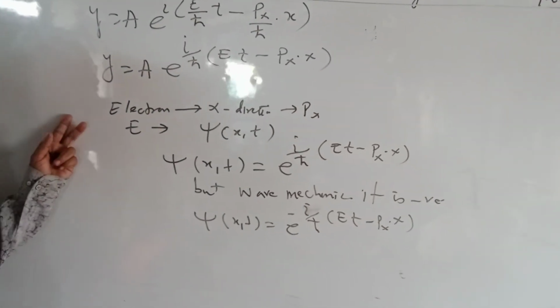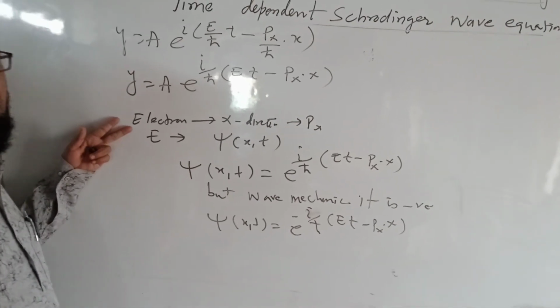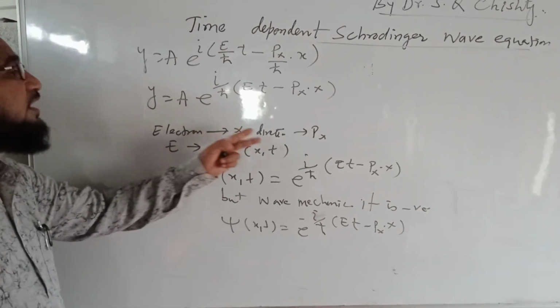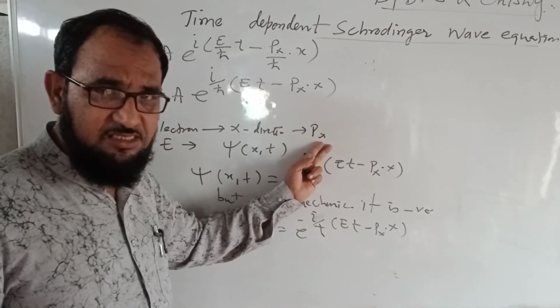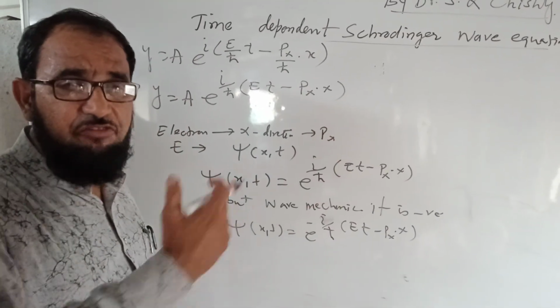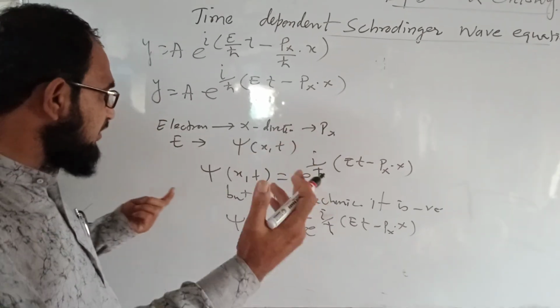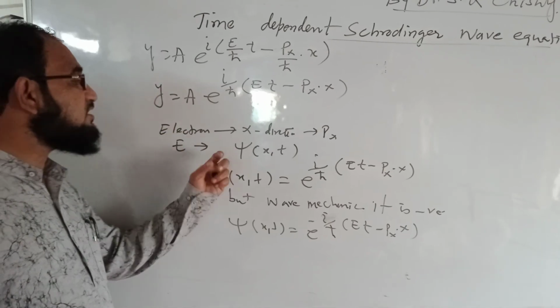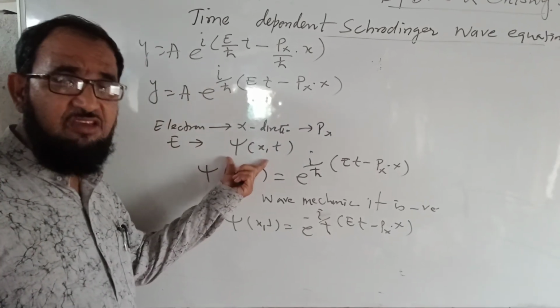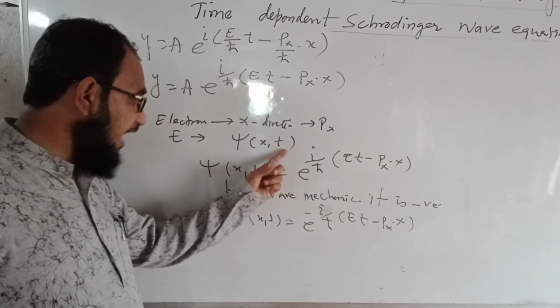Now suppose there is a beam of electron which is moving in the positive x direction and it has the momentum px, then according to de Broglie, a wave is associated with that beam of electron, and it has the energy E, and it is given by a wave function psi which depends upon the position and time.